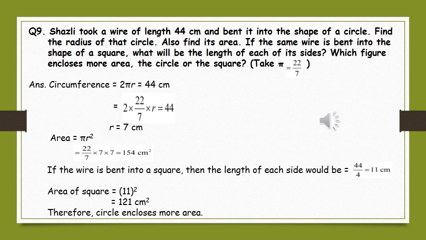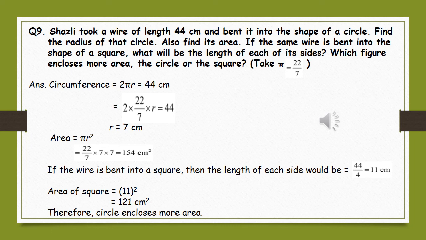So the length of each side can be calculated by dividing the perimeter by 4. So perimeter is same as circumference and the circumference was 44 in the question. So we are dividing 44 by 4 to get the length of each side of the square as 11 centimeter.